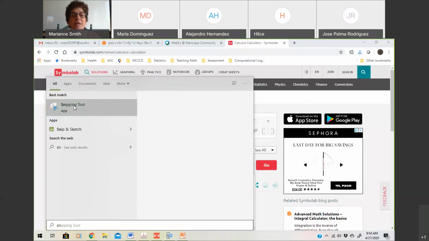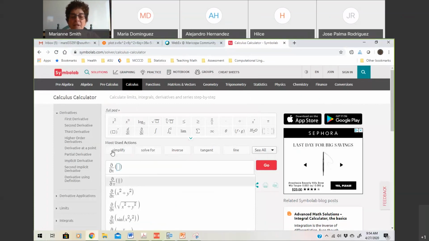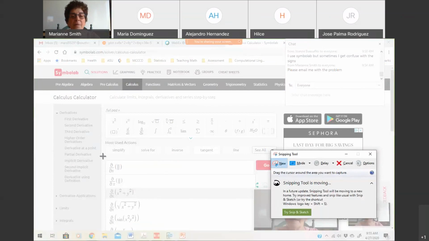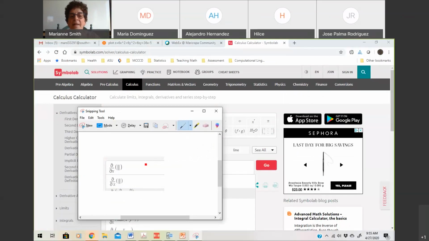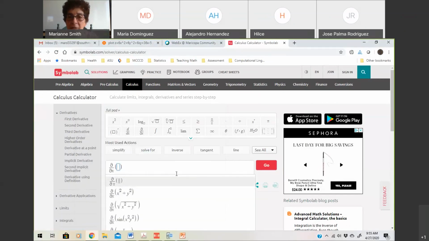Once that's open, it's little scissors at the bottom, and I can just click on it and take a picture of whatever I want to see on the screen. So you can take a snip of your screen and then just paste it into your email or attach it if you want to save it. But please let me help you if you're struggling.